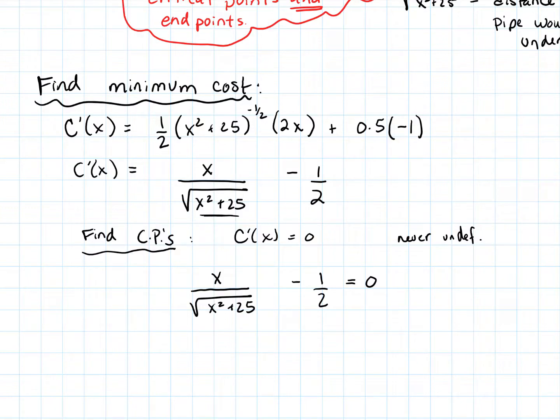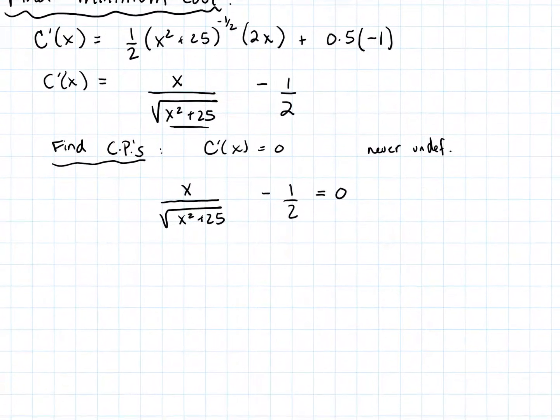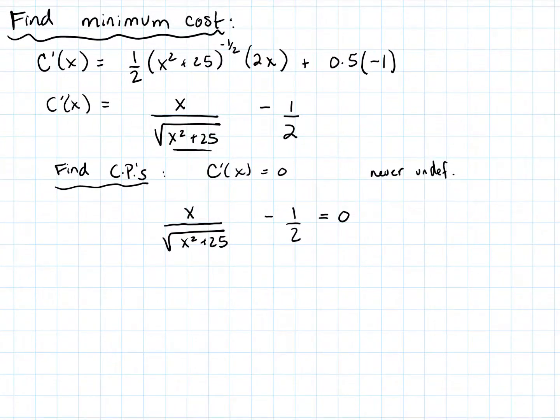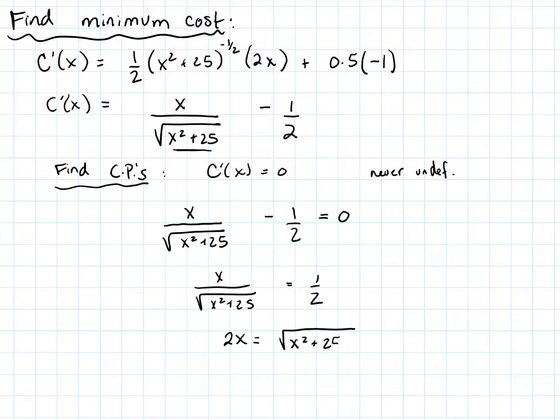Okay, so solving this, let's add the 1/2. So we've got x over the square root of x squared plus 25 equals 1/2. Do a little cross multiplying there. So 2x equals the square root of x squared plus 25. Square both sides, get rid of that root, so that 4x squared equals x squared plus 25.